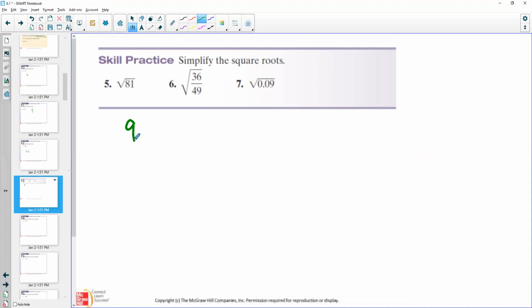But I didn't need to do that because I know the square root of 36 is 6. I know the square root of 49 is 7, and I'm done. I can leave it that way. I don't need that decimal form, so don't feel compelled, because I'd rather see this fraction that shows me that you can pick out the square root. For the last one, it's 0.3. If you do that in your calculator, no one will die.